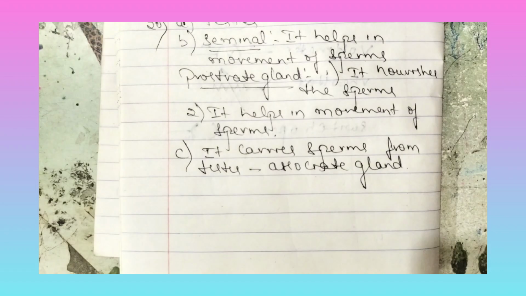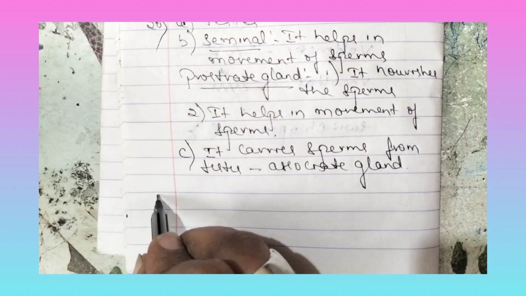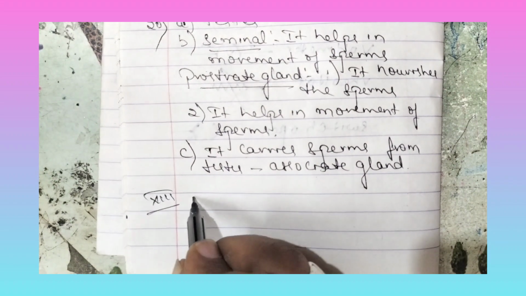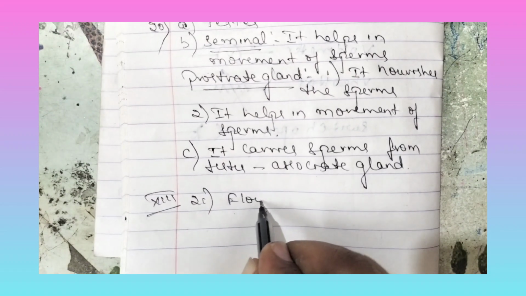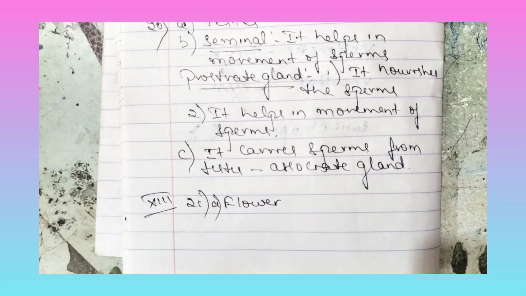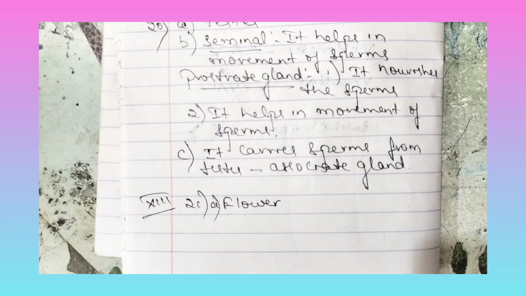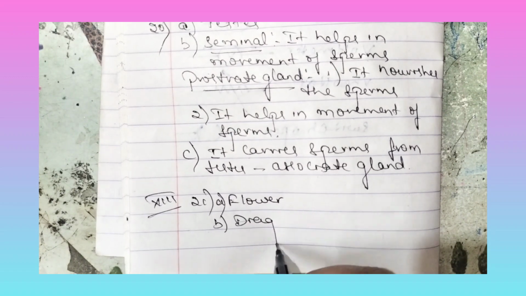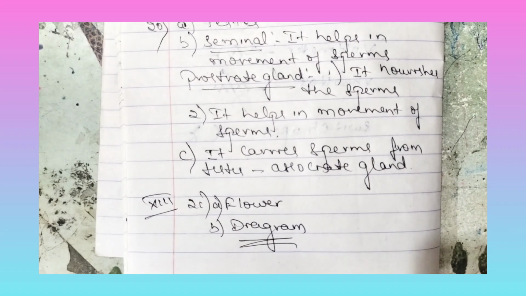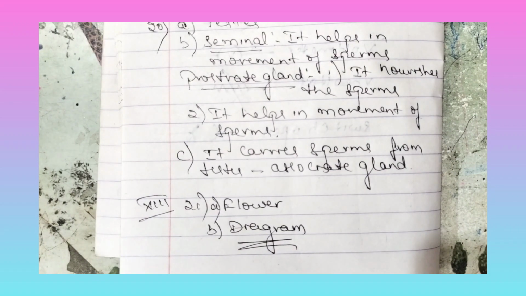So in the 13th mark, 21st question, the reproductive part of a plant is the flower. Then for B, we have to draw the flower diagram here. So this is about the 17th practice paper. By this we have answered all the questions of practice paper number 17.